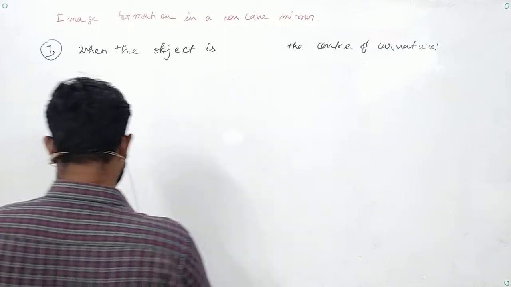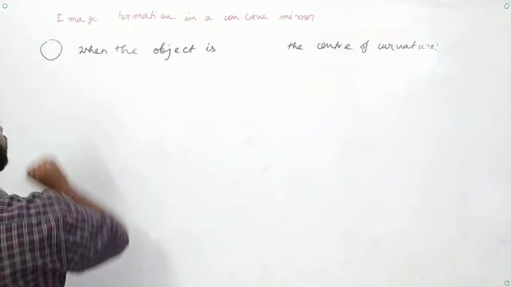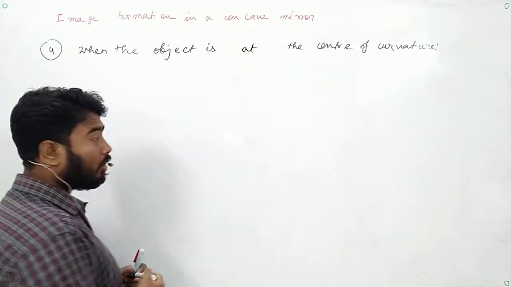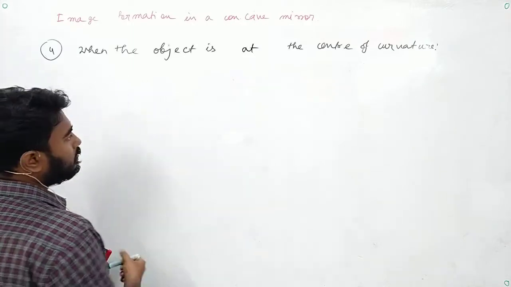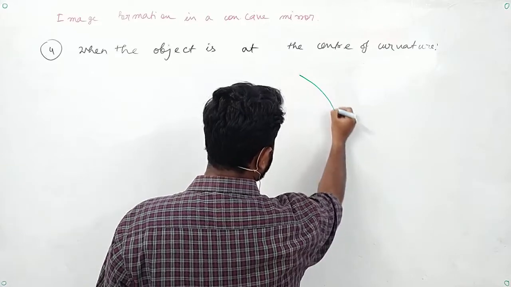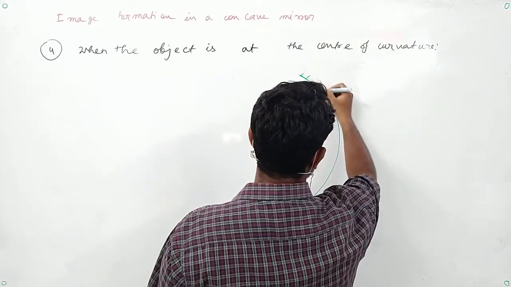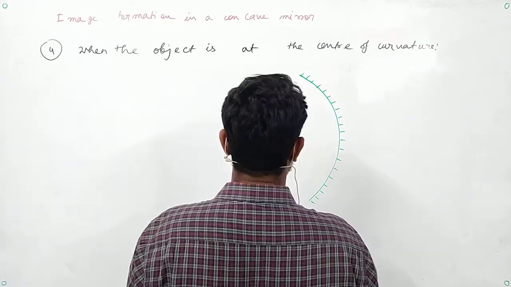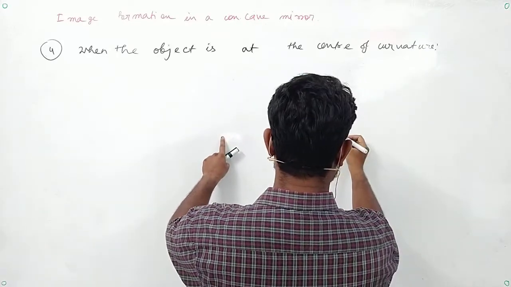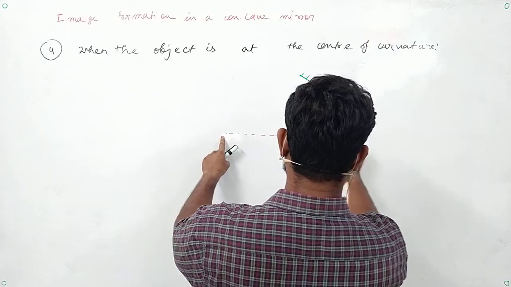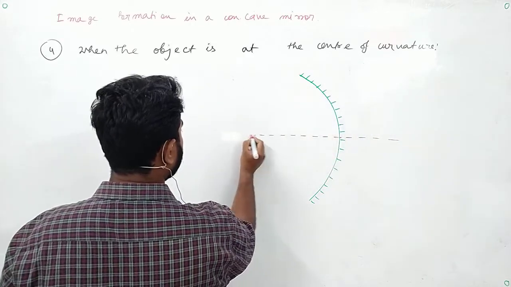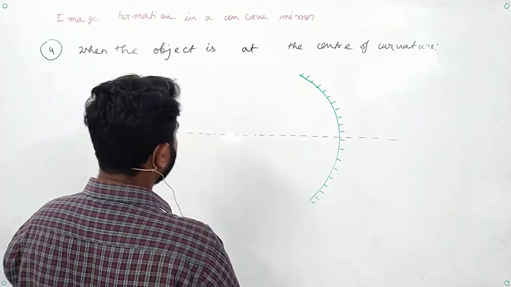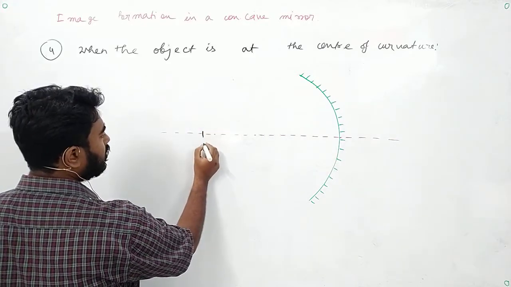Okay, next case, when the object is at the center of curvature. See, suppose I have drawn a concave reflecting surface. Okay, and I have drawn a principal axis. Okay, this is our principal axis. Let the center of curvature of the mirror be here.